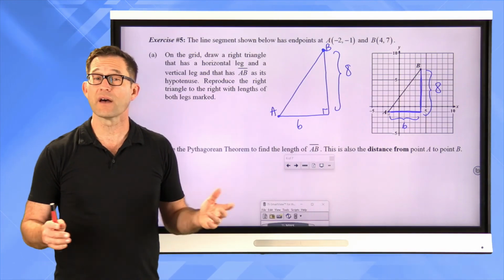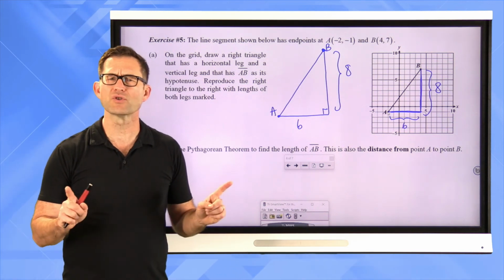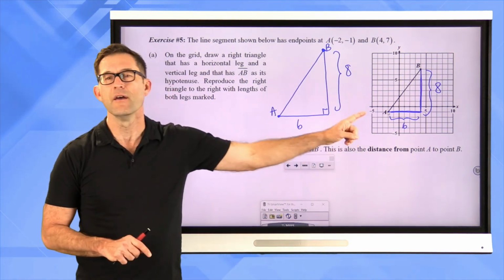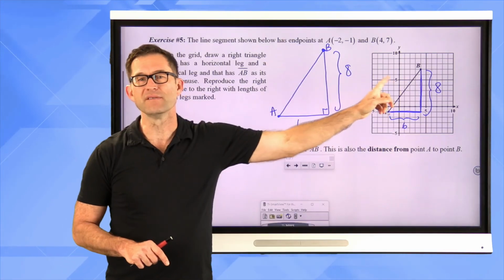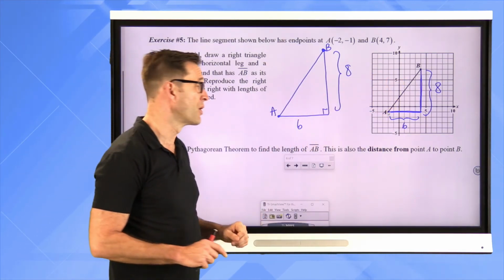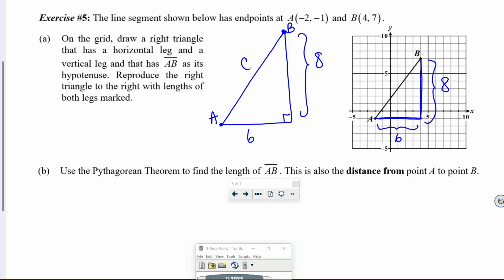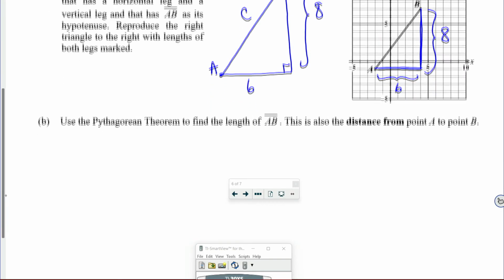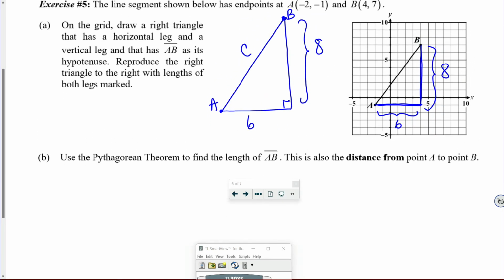All right, well in this case, I am looking for the hypotenuse, which I'm pretty much always looking for in this case, because if I'm not, then that means AB must either be vertical or horizontal, and then I don't need to use the Pythagorean theorem at all. So here we go, I'm going to call that C. Some of you probably already recognize what that's going to be, but let me put down A squared plus B squared is equal to C squared.